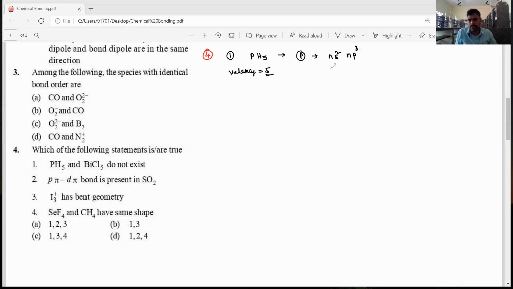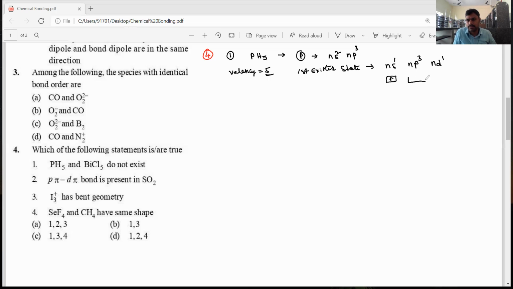5 unpaired electrons are required, which come from its first excited state. In the first excited state, its electronic configuration is ns1, np3, and nd1, so in total we get 5 unpaired electrons.